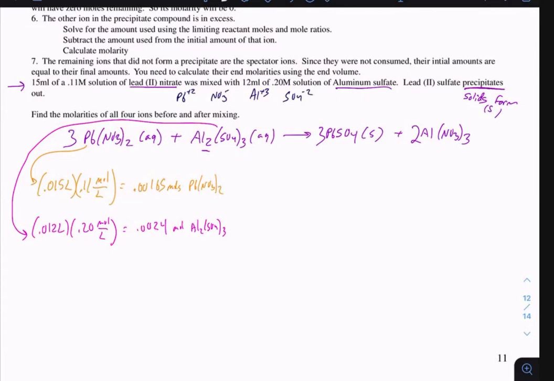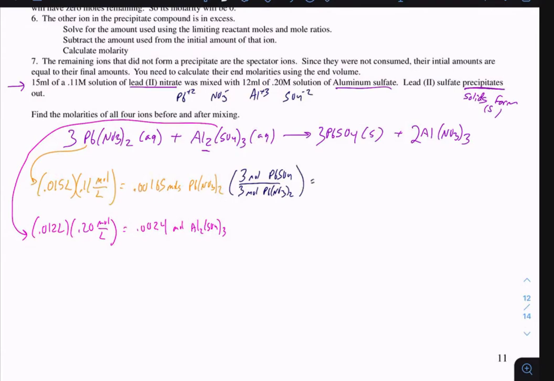But because there is a reaction taking place, the first thing I need to solve for is the yield of the precipitate. So I'm going to continue on like a limiting reactant problem and solve for the yield of lead sulfate, because that was identified as the precipitate. So, mole ratio, 3 moles PbSO4, and I need to cancel the lead nitrate here, so 3 moles of Pb(NO3)2.